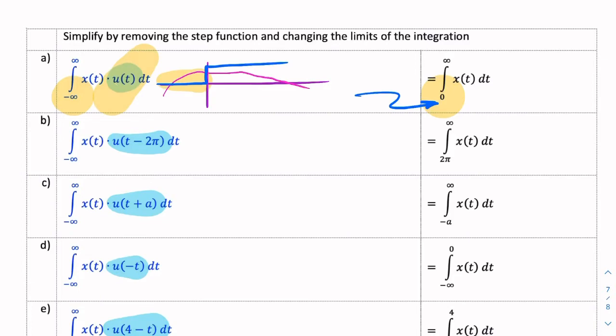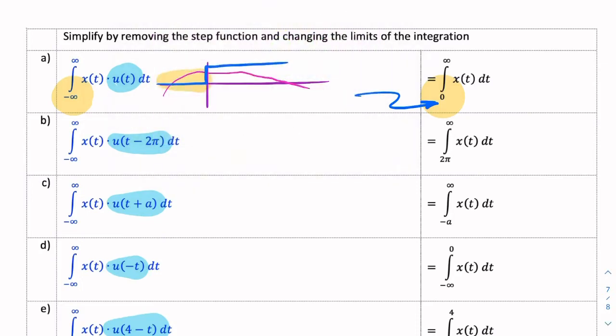So u of t is no longer mentioned in the integration because remember, u of t is either 0 or 1. So if it's 0, we don't write that part of the integration, and if it's 1, we don't write it either, we simply write x of t.